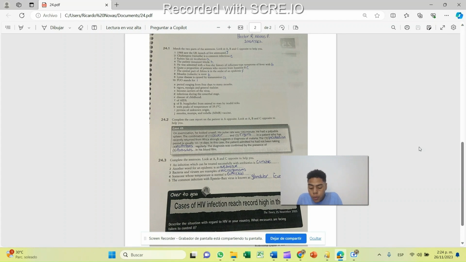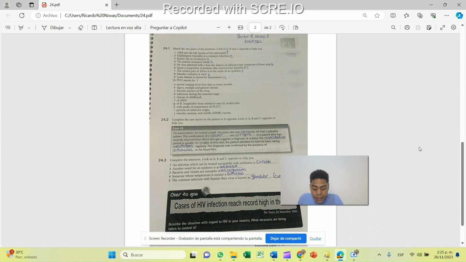6. Quite a proportion of patients who recovered from hepatitis B or C become chronic carriers of the virus. 7. The central part of Africa is in the midst of an epidemic of AIDS. 8.